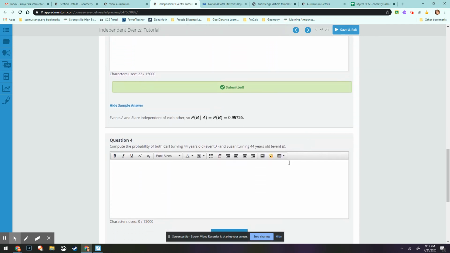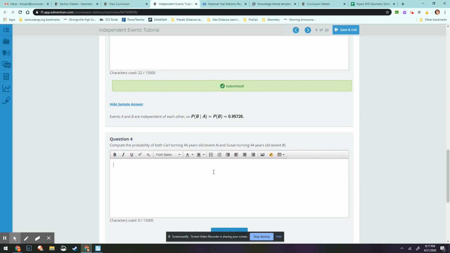Okay, so now this one is asking something a little bit different. This is saying, what is the probability of both Carl turning 44 and Susan turning 44? So that is A and B. If you think back a couple lessons, whenever you have independent events, the probability of both of them happening is the same thing as the individual probabilities being multiplied together.